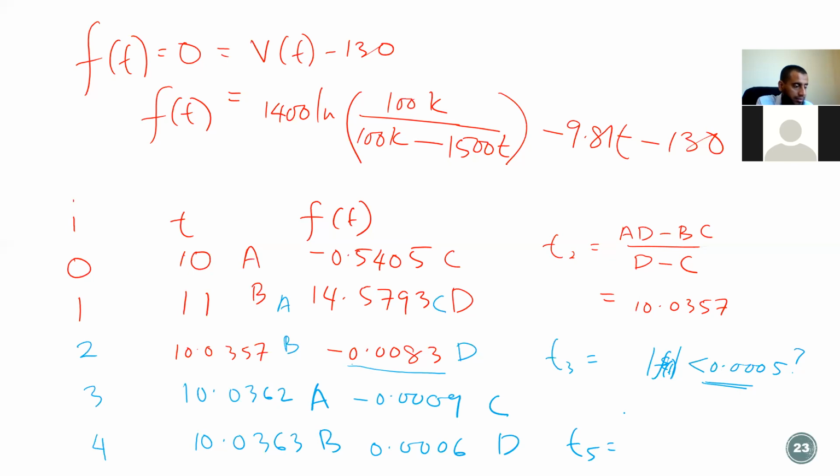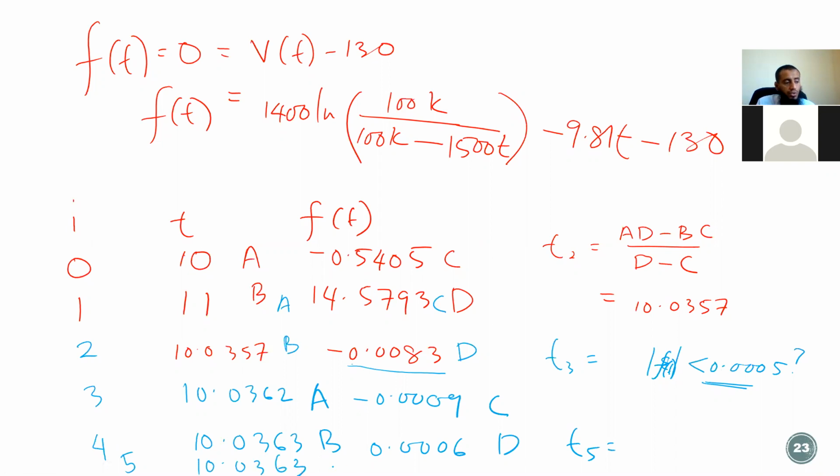10.0362. For this one, the stopping criteria will give the same answer. For T5, what you will get is 0.0363.